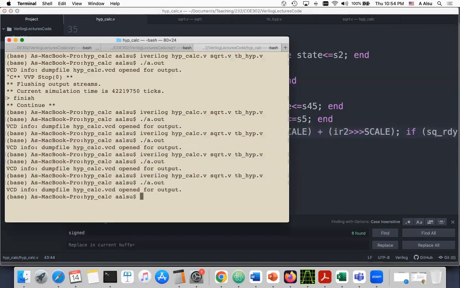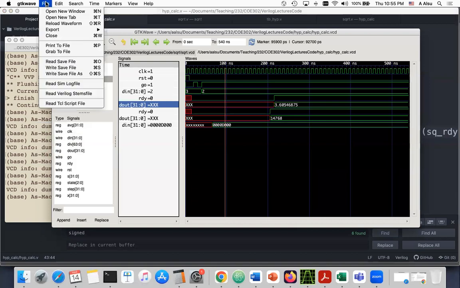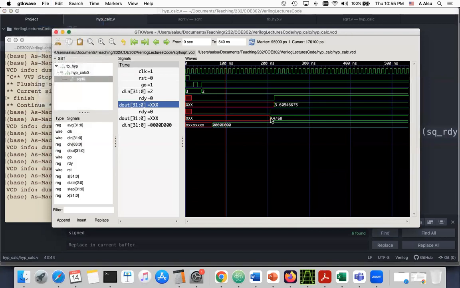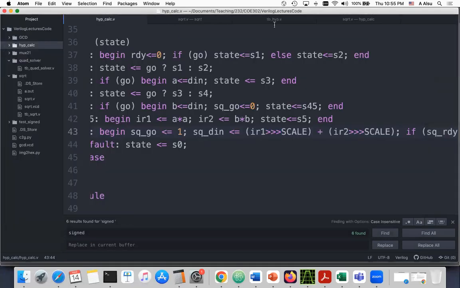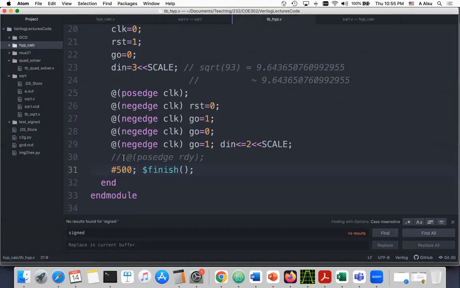So again, you can see that I just ran this, and the square root is correct. The hypotenuse is correctly giving 3.605. This shows you that this is actually working.